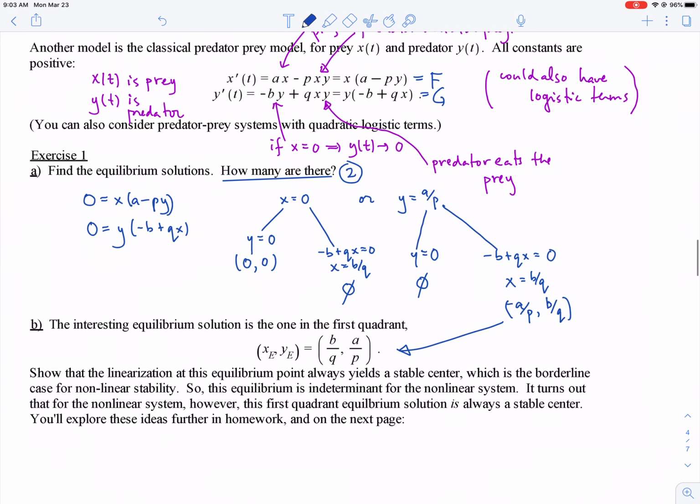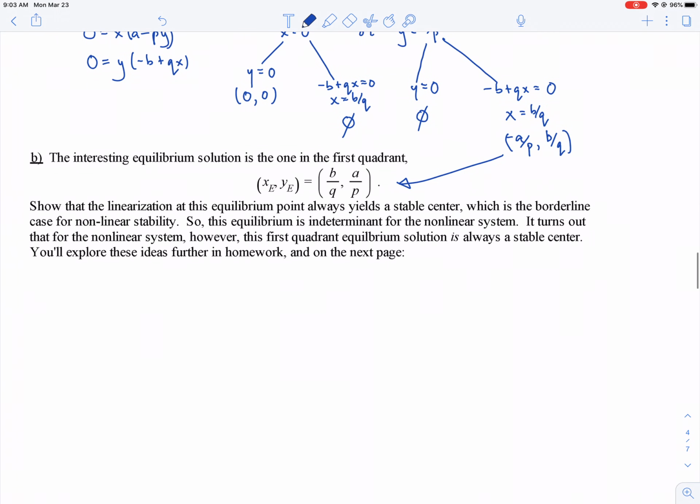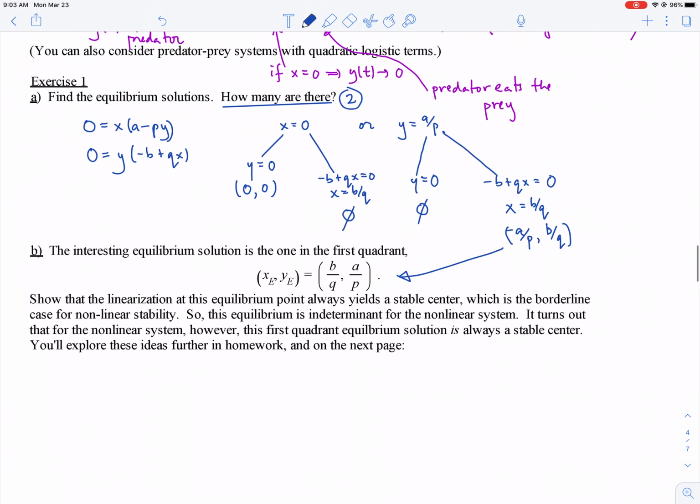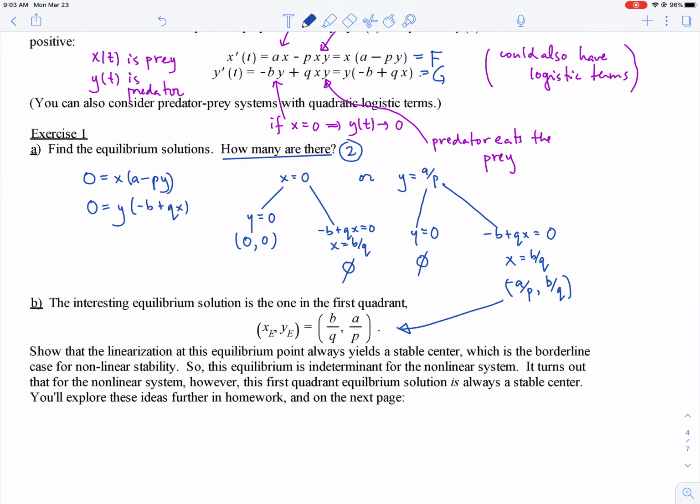Okay. Well, obviously the interesting equilibrium point is the one where both populations exist. So let's do the linearization for our predator-prey model at that equilibrium point. So remember, everything depends on the Jacobian matrix.